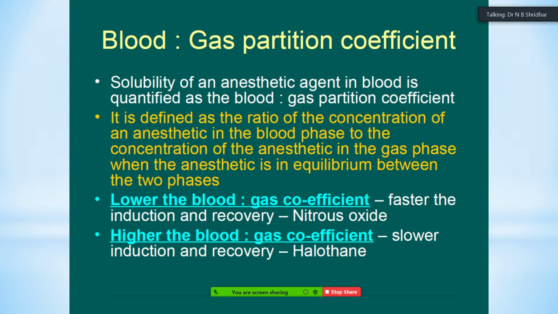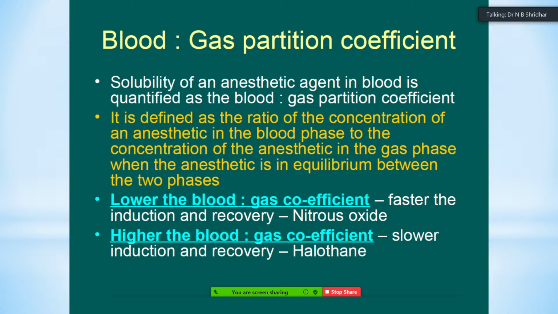The lower the blood gas coefficient, the faster the induction and recovery. If the blood gas coefficient is low, it means the ratio between the concentration of the anesthetic in the blood phase to the concentration in the gas phase is low, then induction and recovery are faster.